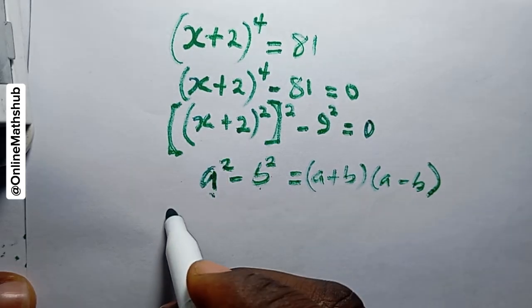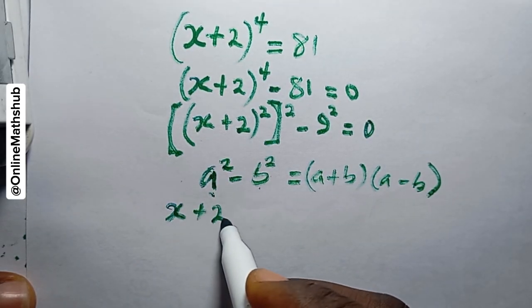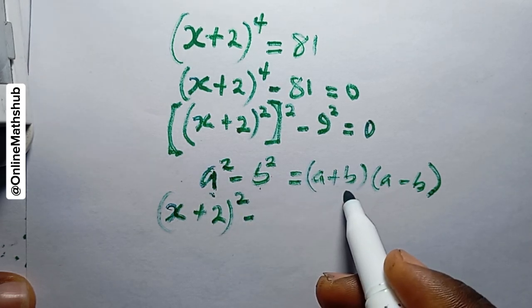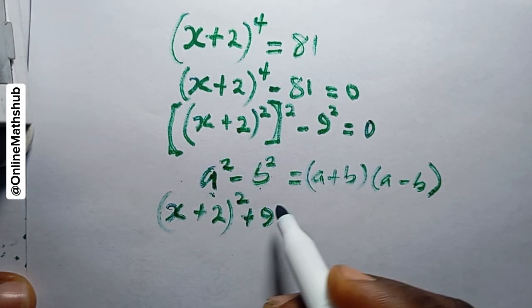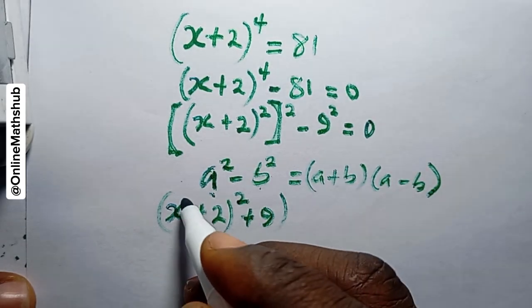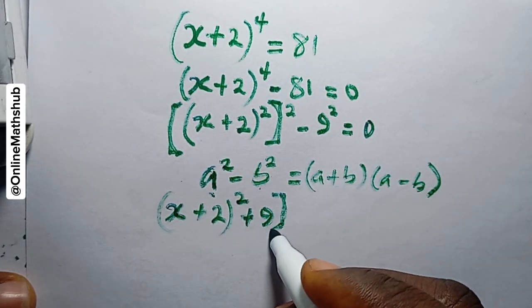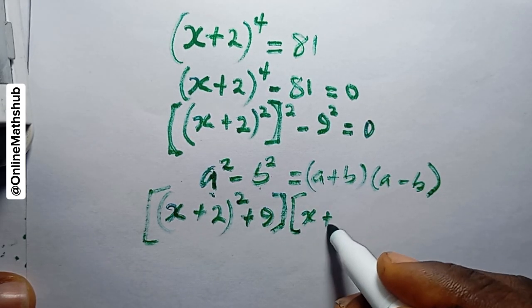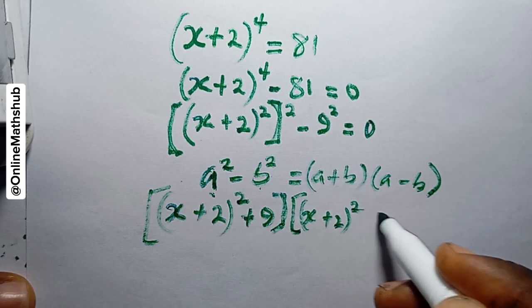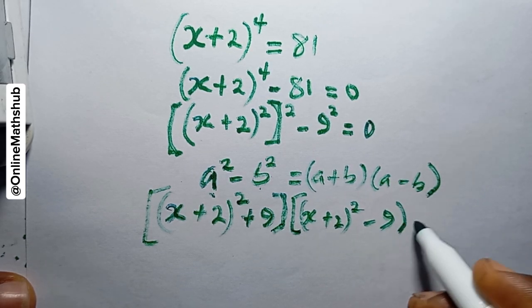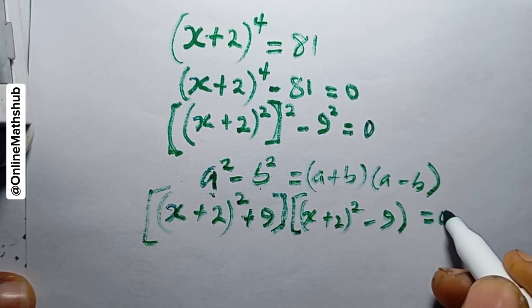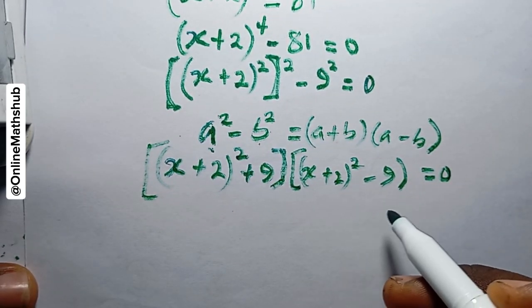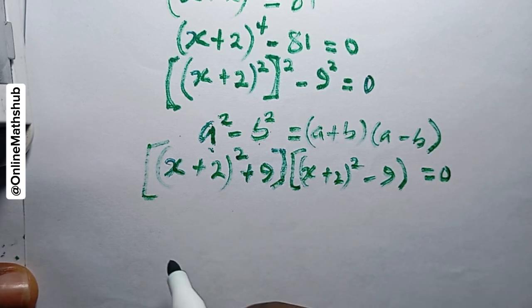So if I simplify that here, I'm going to be having ((x + 2)^2 + 9) multiplied by ((x + 2)^2 - 9), and it is still equal to 0.